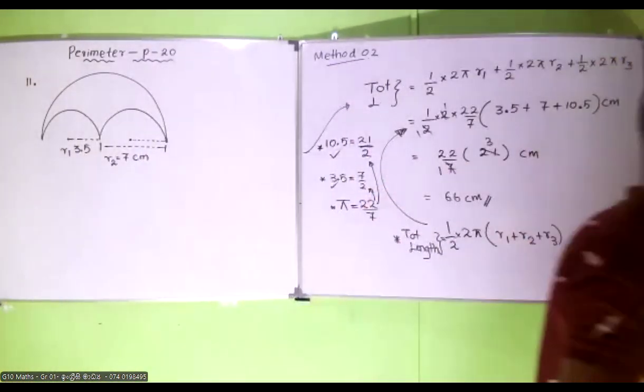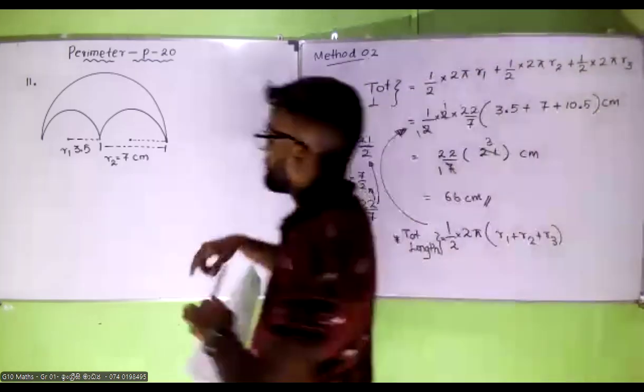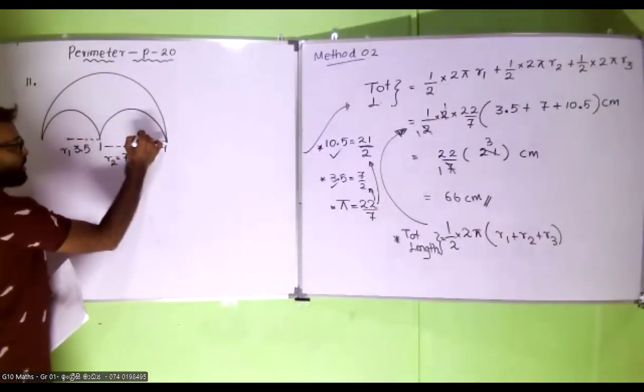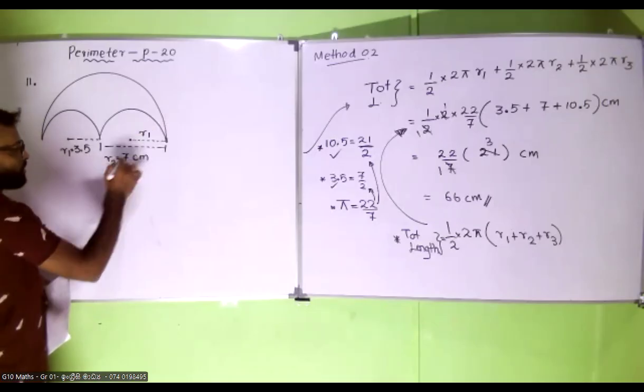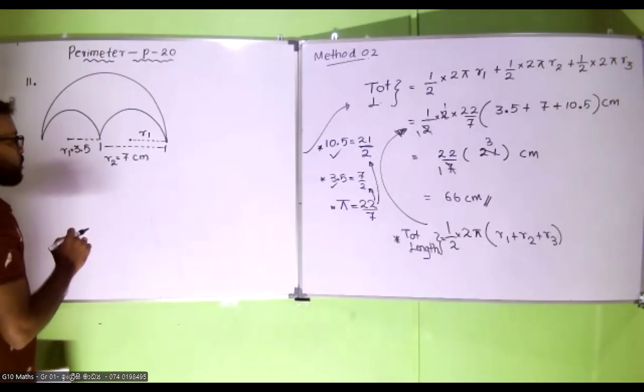So you can use the same thing for this one as well. I will do this using that method. If this is R1, this is also R1, and this big circle's radius will be R2.